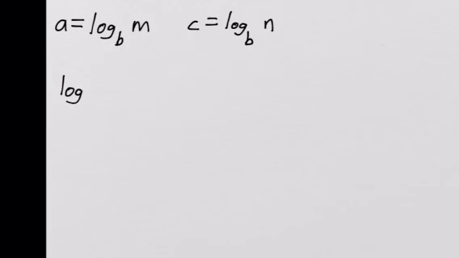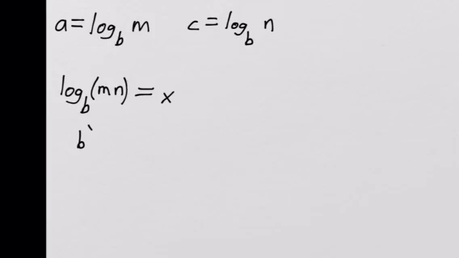So we're going to let A equal the log base b of M, and then C equal log base b of N. So now we're interested in the log base b of MN, and we're going to let that equal x.